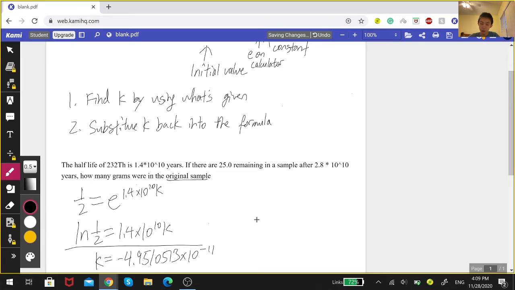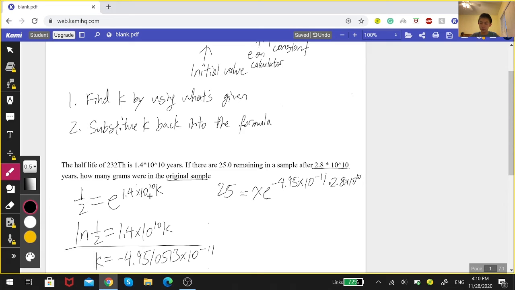So after 2.8 times 10 to the 10th years, there are 25 grams remaining: x times e to the negative 4.95 times 10 to the negative 11th, times the time, which is 2.8 times 10 to the 10th power.